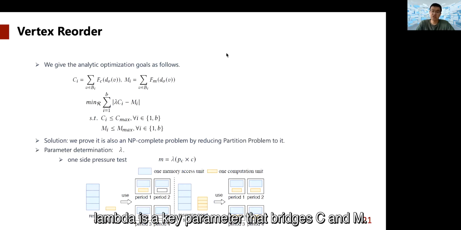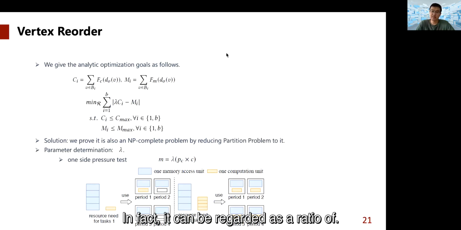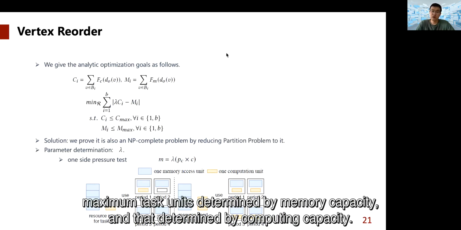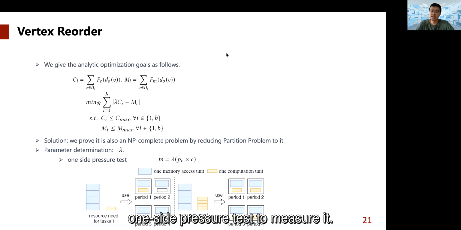Lambda is a key parameter that bridges C and M. In fact, it can be regarded as a ratio of the maximum task unit determined by memory capacity and that determined by computing capacity. It can't be directly measured, and we design a one-side pressure test to measure it.